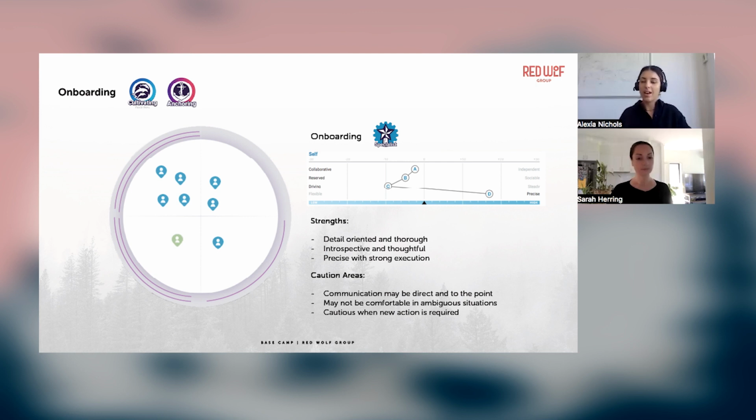So yes, there'll always be certain processes and structure that will be the same, but when we look at a person's self graph, we can really understand some of the key things that they need from you as a manager or a leader in order to be successful, especially in that first 3 to 6 month period.